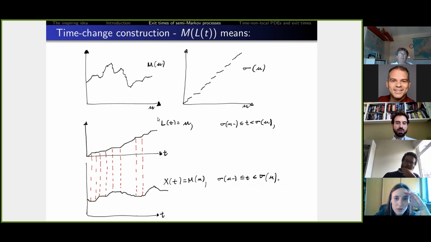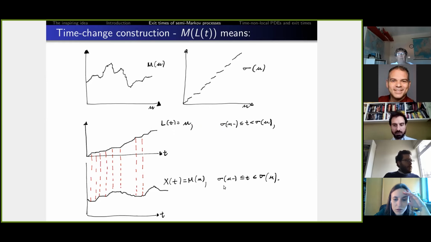And thus, if you use this capital L to time change capital N, which is another arbitrary Markov process, what you get is something which remains constant between the points in the range of this external process sigma. So essentially, we are constructing a process which is continuous, because this process is increasing, and thus capital L is continuous. And it has the value of a Markov process, which is kept for a random time.